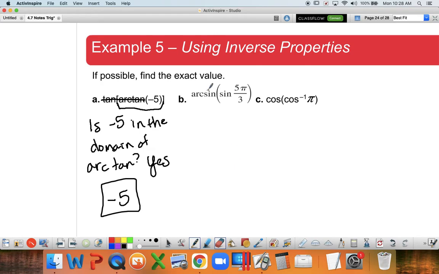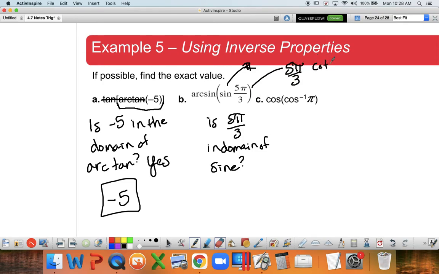All right, for our next one, these two should cancel out, but I have to ask myself, is 5 pi over 3 in the domain of sine? Well, my domain of sine is all real numbers, so yes, it is. Now, the problem is 5 pi over 3, what is a coterminal angle?